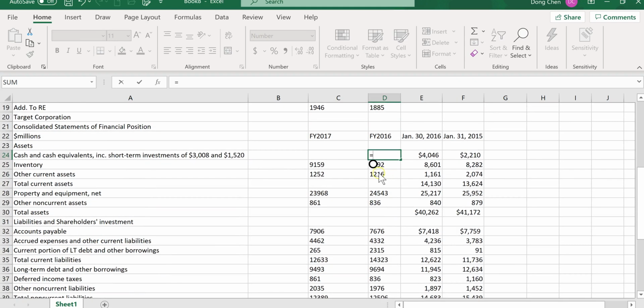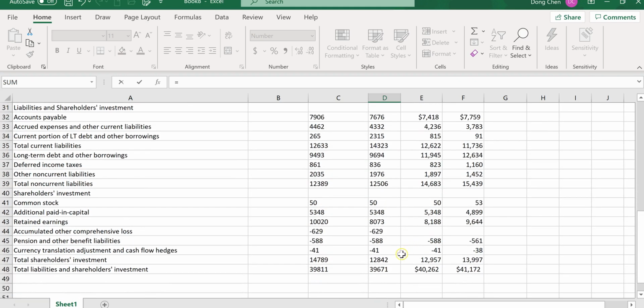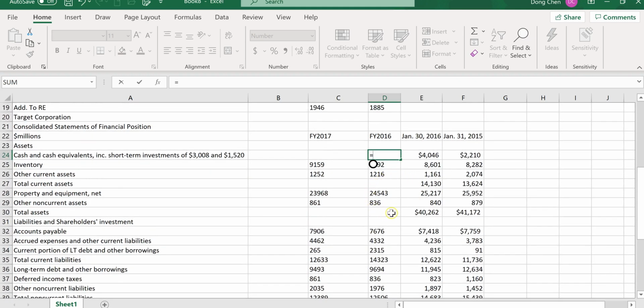So total assets will be equal to the cash plus other items on the asset side. So we can use that equation to figure out the cash must be equal to this total liabilities and shareholders investment minus the sum of all these asset side numbers.